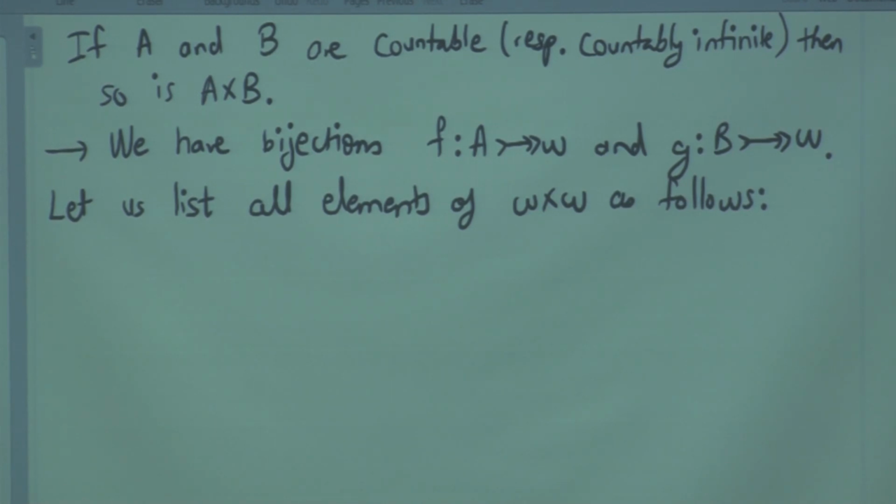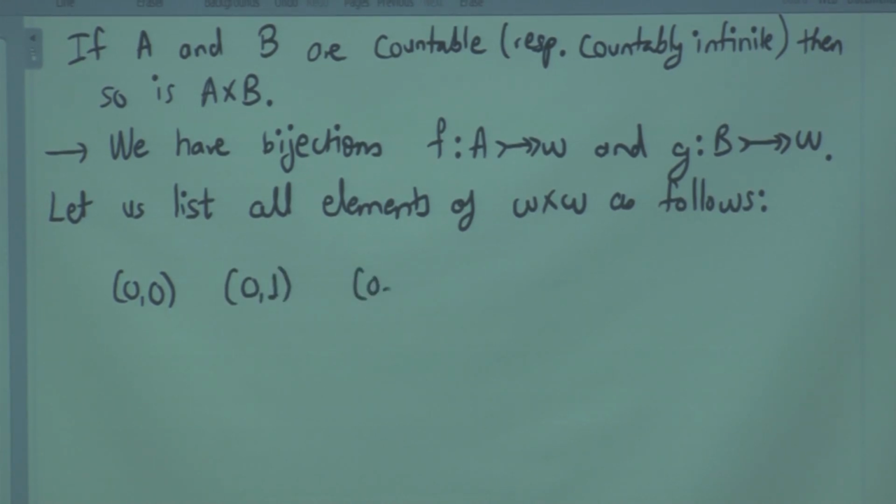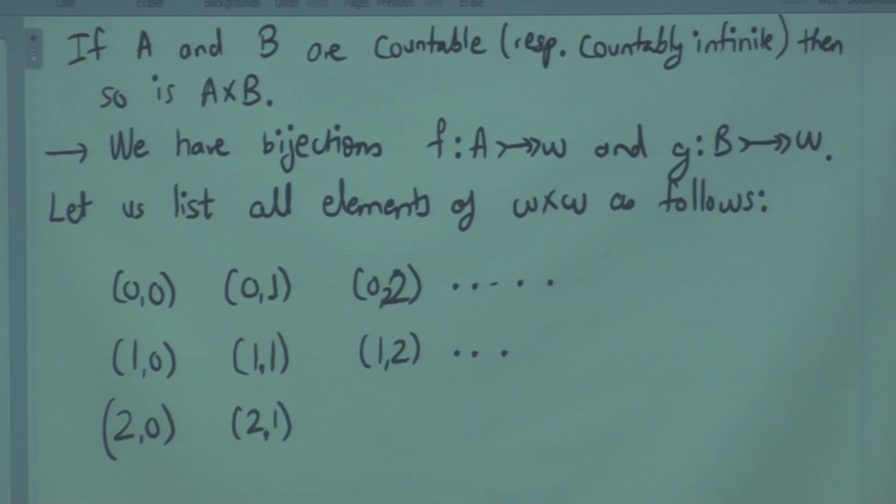The first element is 0 comma 0, then 0 comma 1, 0 comma 2 and so on. Then here I am writing 1 comma 0, 1 comma 1, 1 comma 2, and so on, 2 comma 0, 2 comma 1, 2 comma 2, and now this is just child's play.